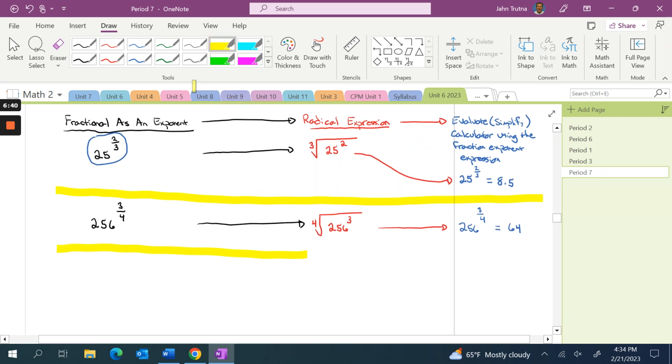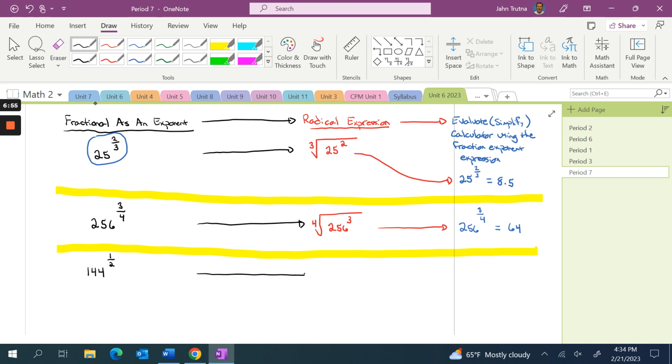Let's do another one. 144 with an exponent of a fraction of 1/2. Let's convert this into radical form. I draw the radical symbol. The denominator of the exponent is a 2, and I'm going to put that as the index. But if the index is a 2, you do not write it.